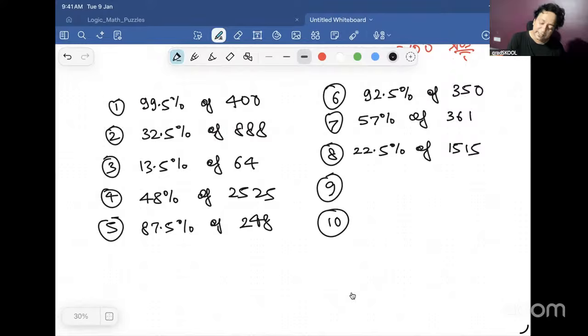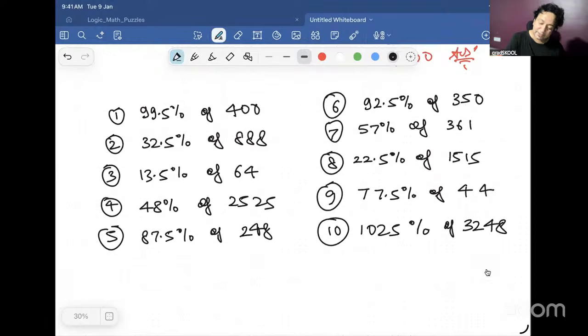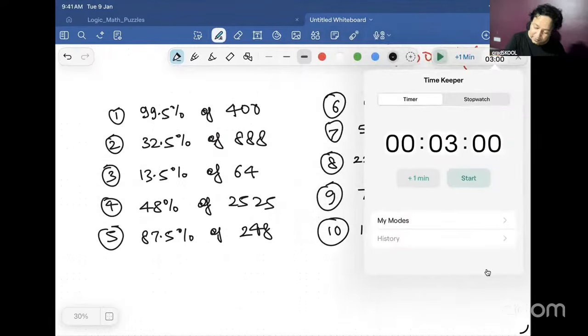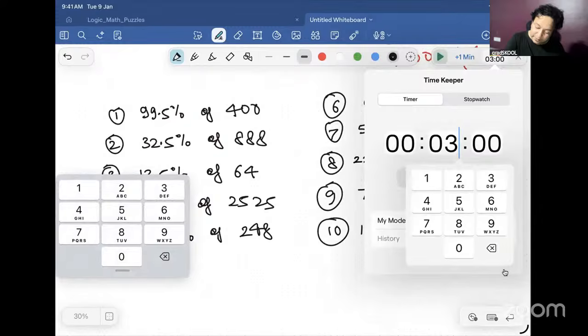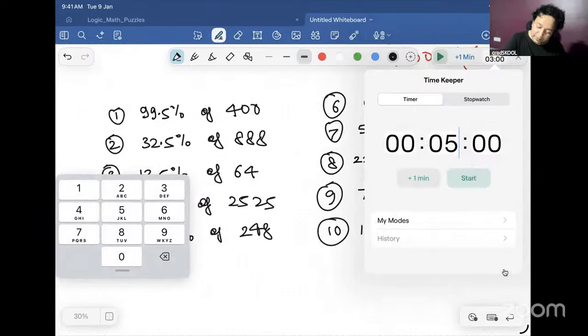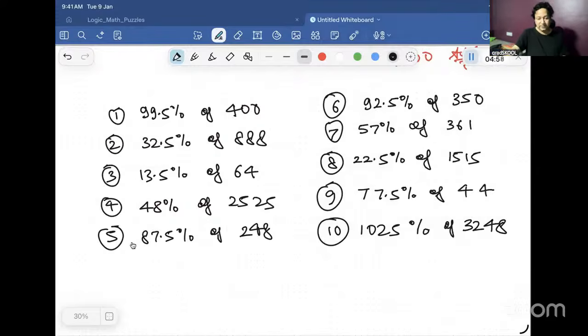Then we have 77.5% of 44. And then we have 1025% of 3248. Time starts now. I'll just put the timer on. By the way, you must have done something by now already. So this will be like how much? 5 minutes. I'll just put the timer here. Here we go. The timer starts and I'm going invisible. 5 minutes for you.